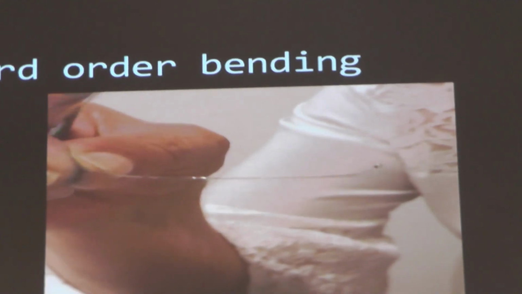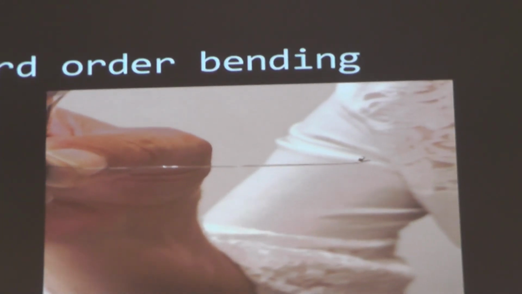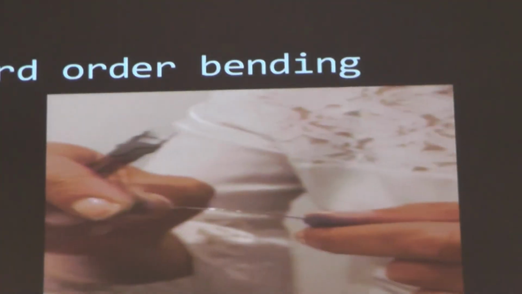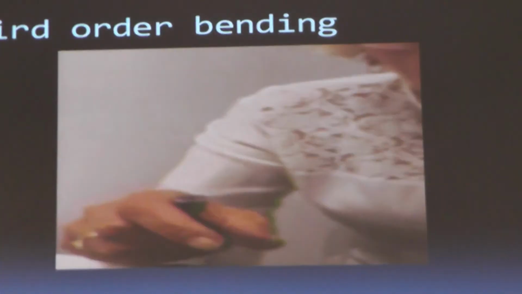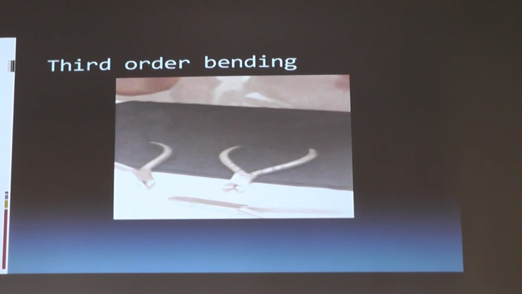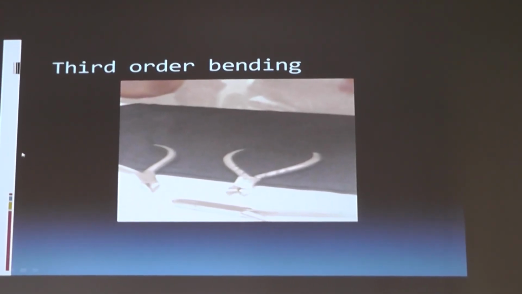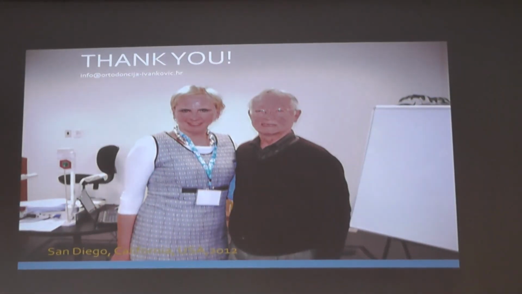You see the torquing wire. This is the torque we need. All done with this plier. This cannot be done down. Yes, if you want the root, possibly then down.